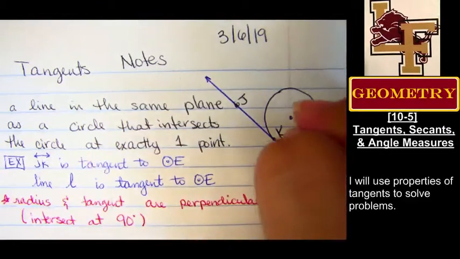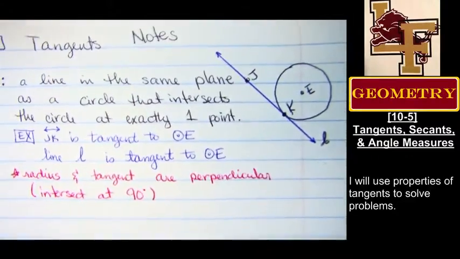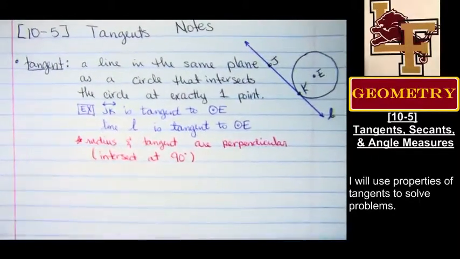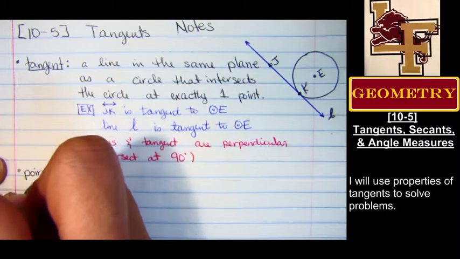Now you notice this special point right here where the circle and the tangent line touch? It's got a special name. That name is the point of tangency.